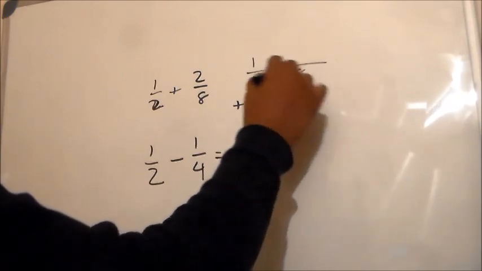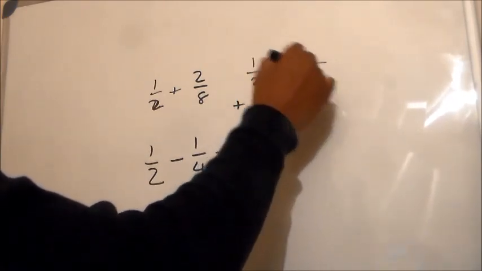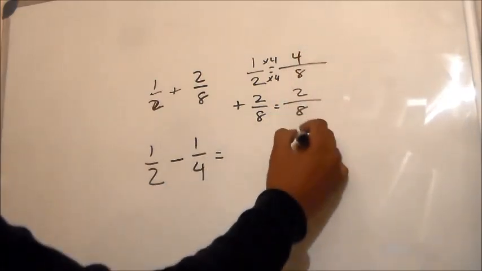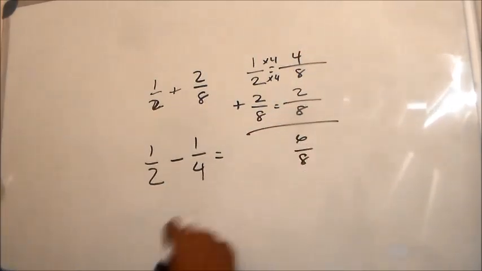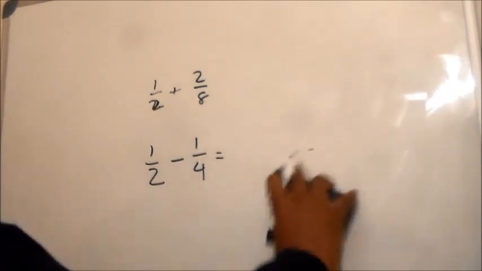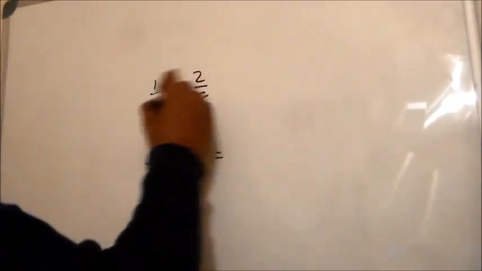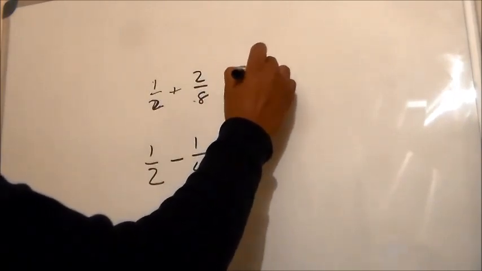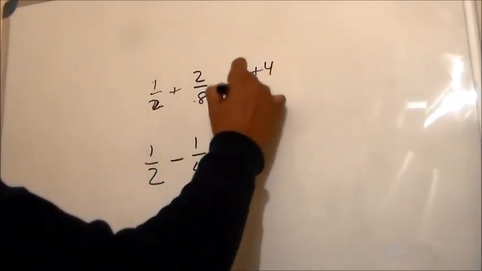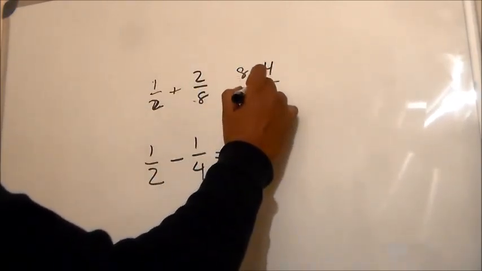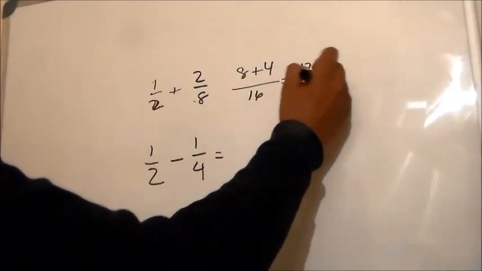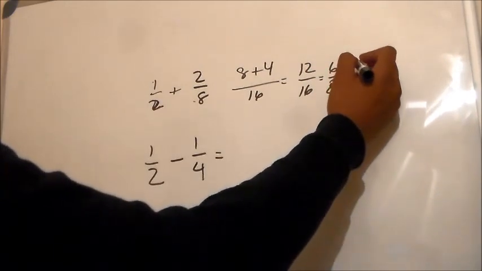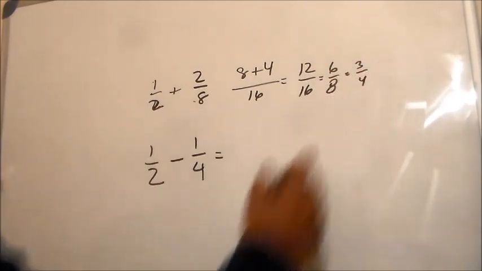So this does not change. We multiply by 4 to get 8, and we multiply by 4 again to get 4. So this is actually 6/8. Or we could use my rapid method: 8 times 1 is 8, plus 2 times 2 is 4, over 2 times 8, which is 16. 12/16 reduces to 6/8, which reduces to 3/4.